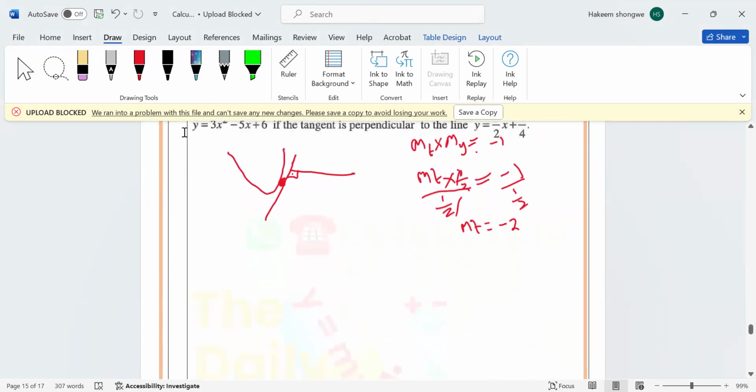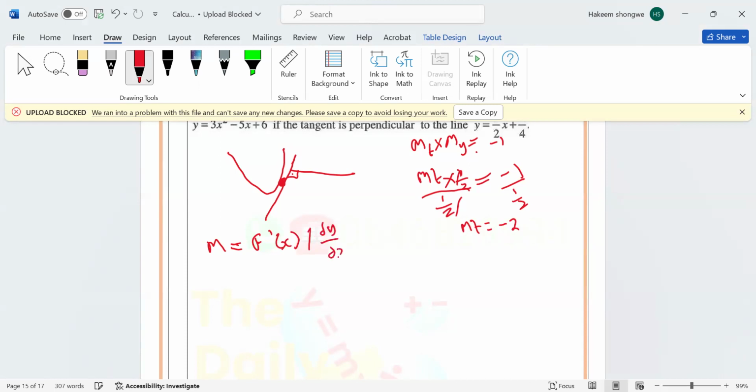Now the m of the tangent can also be represented as f prime of x in calculus, or dy over dx.